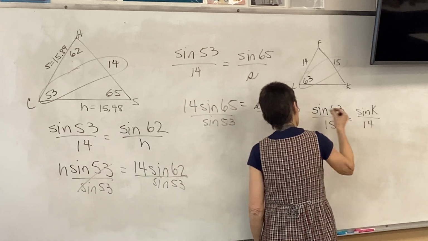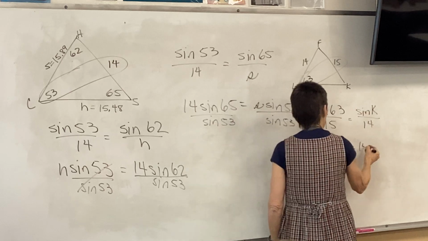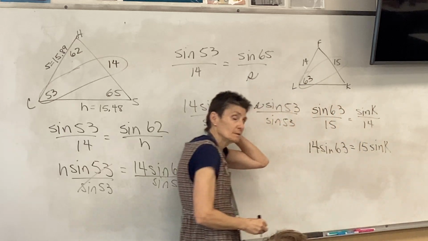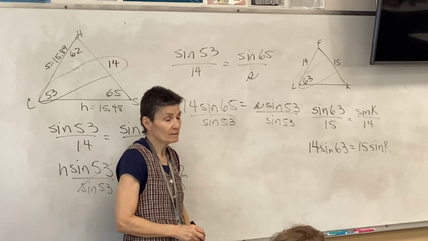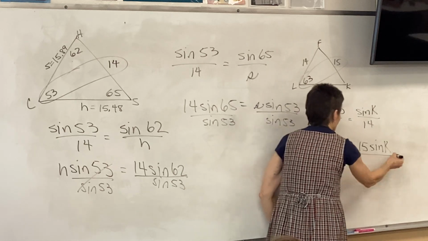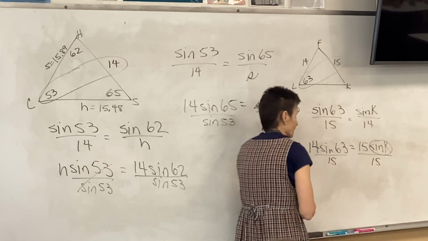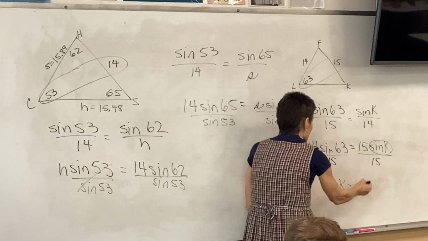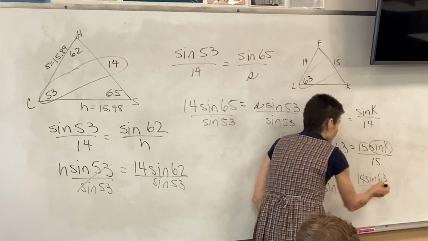So 14 sine 63 equals 15 sine k. Now what am I going to divide by? I'm going to divide just by the 15. So sine k equals 14 sine 63 over 15.